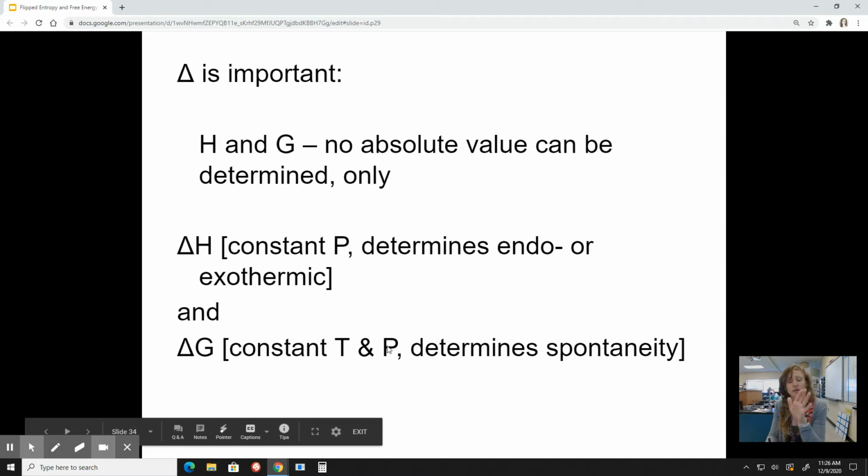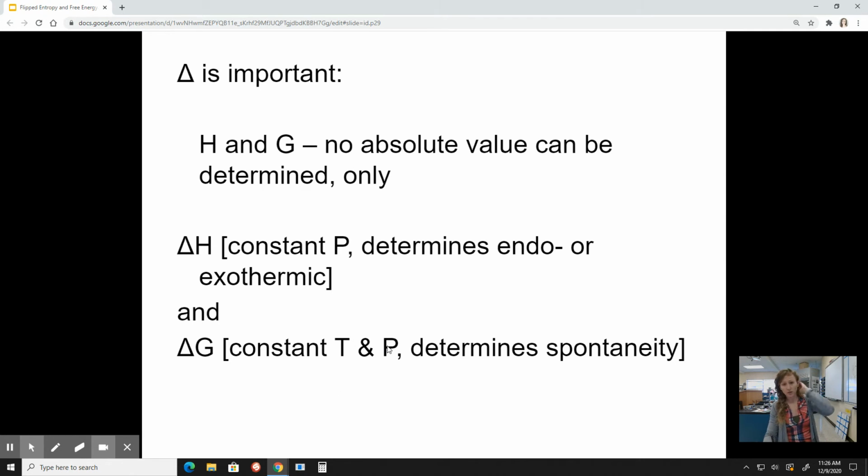Okay, so a couple details here. Notice that we've been talking all along of delta G and delta S, so change in enthalpy, change in free energy. And that's because absolute values can't be determined. You can't actually collect information to figure out what the enthalpy contained in a system is.